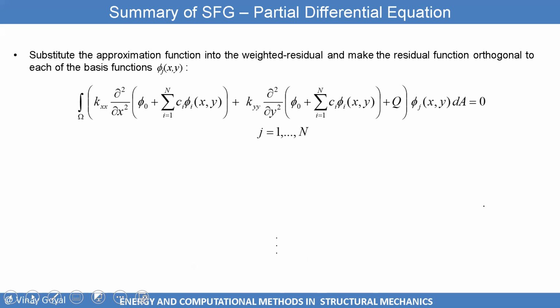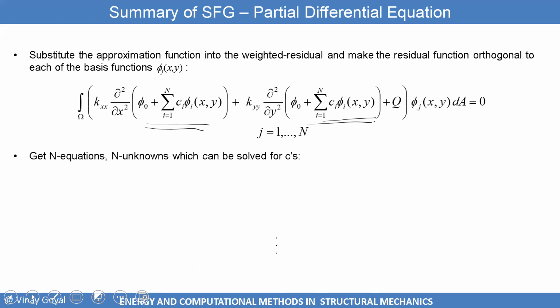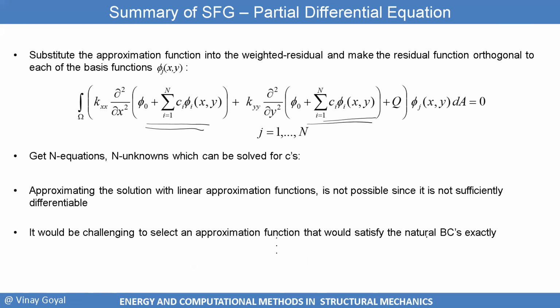So here you can see that we plugged in T, the temperature approximation, and then you will have n unknowns and n equations because for each of these phis that make up the approximation, you're selecting the basis. It's called basis because those are what make up the approximation that you selected. That's why it's called basis, because that's the base. Those are the ingredients that make up the approximation.